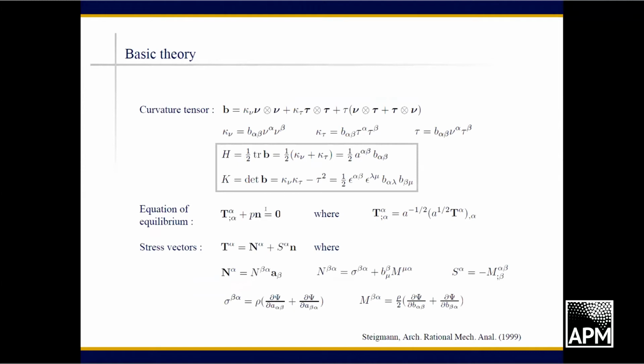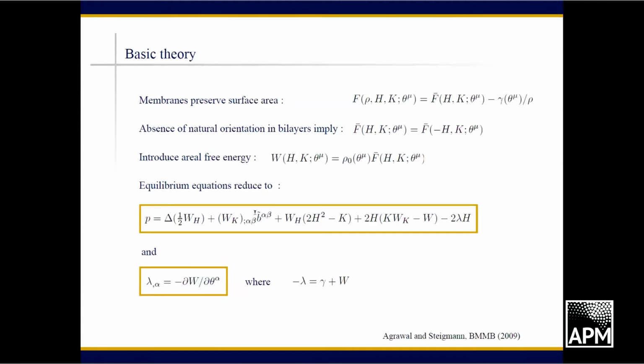If we project these equilibrium equations into the direction of the normal to the surface, the interface, we can calculate the pressure, and that works out to be this fairly complicated extension of the classical Laplace equation of capillarity, except here extended to accommodate the bending resistance of this liquid crystal film.